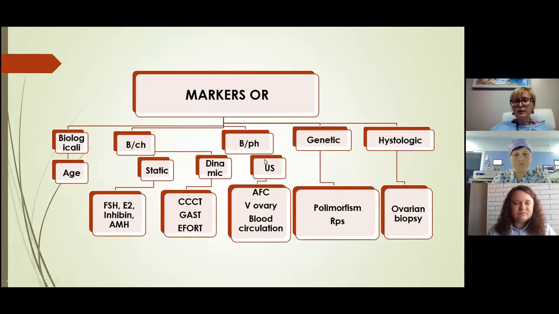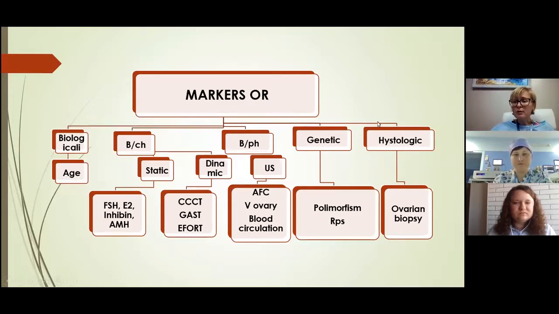Biophysical markers are mostly ultrasound. We can see the ovary, we can measure the ovary, we can calculate how many antral follicles we have at this time. We can measure blood circulation, and it permits us to make some prognosis of ovarian function.